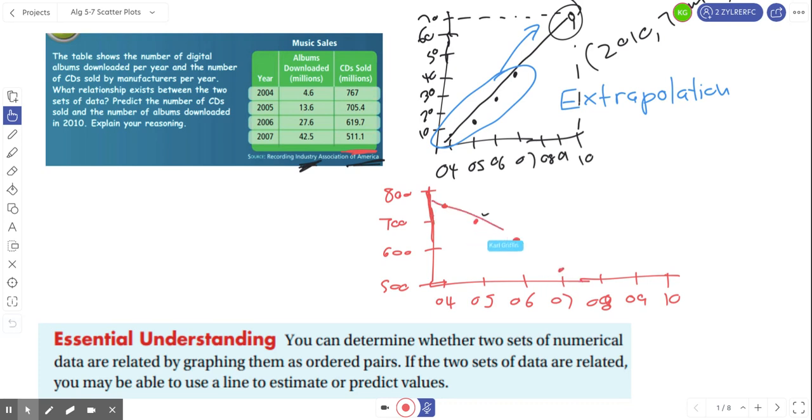And if we follow that line, well, I should have made this lower, huh? 400, 300. Looks like maybe in 2010 we would have 350 million CDs sold.